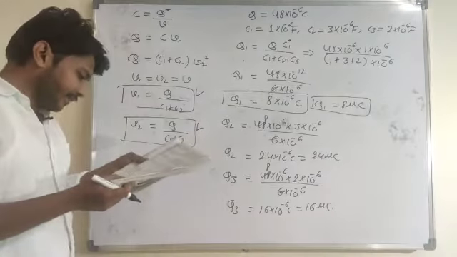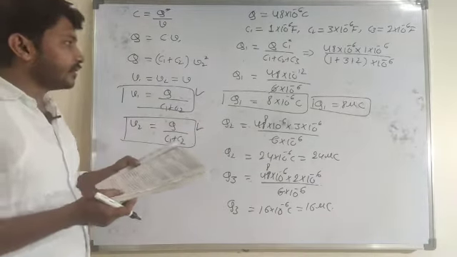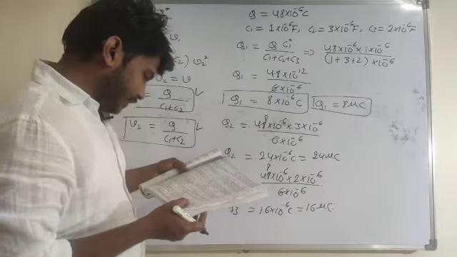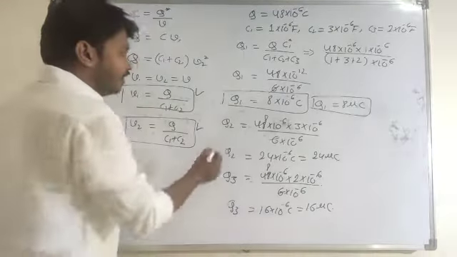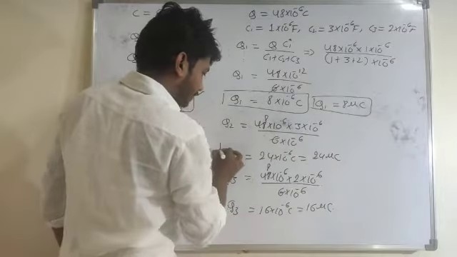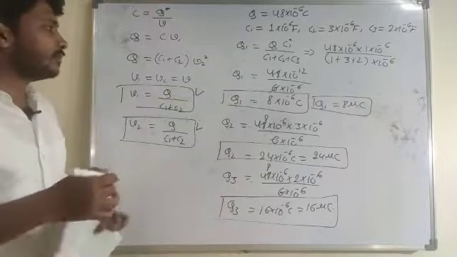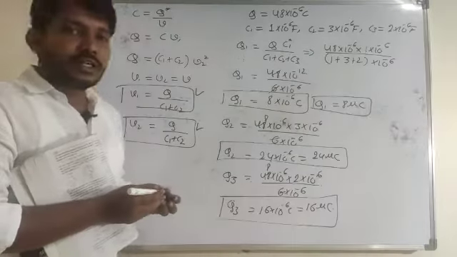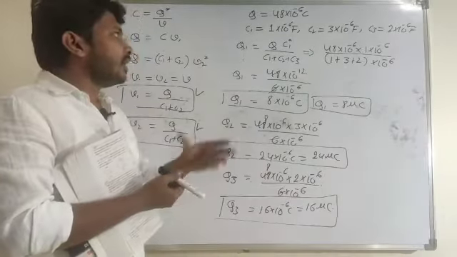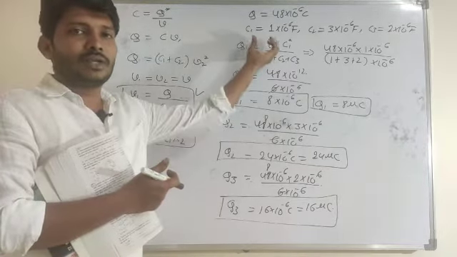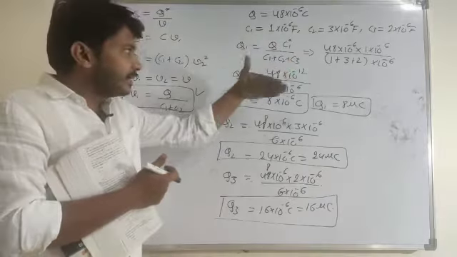Which option is right here? Q1 is 8, Q2 is 24, Q3 is 16. So 8, 24, 16: this is the Q1 value, this is the Q2 value and this is the Q3 value here. Hope you are understanding. They asked to determine the branch charge or individual charge. For the generalized formula, it is total charge into the capacitance of the same branch, divided by the total capacitance.